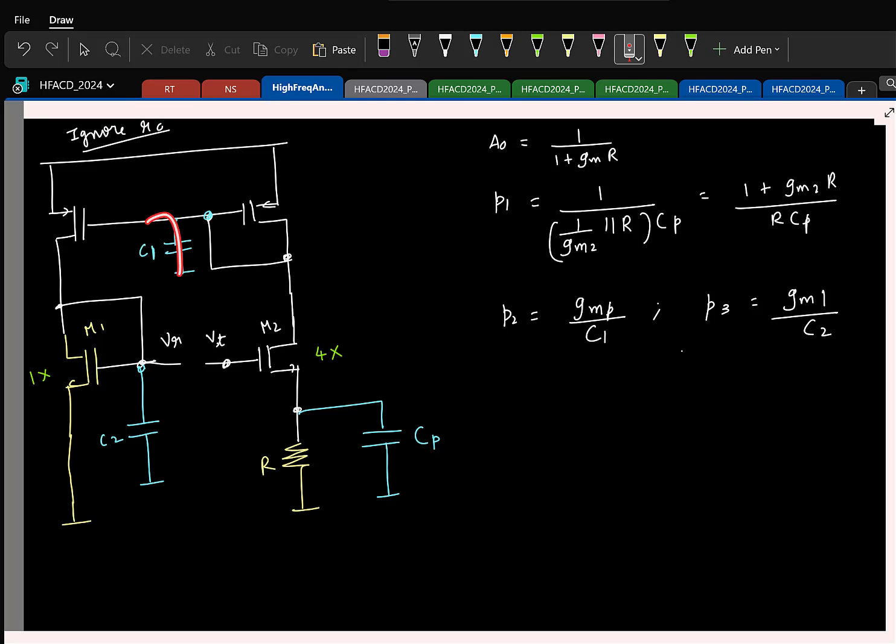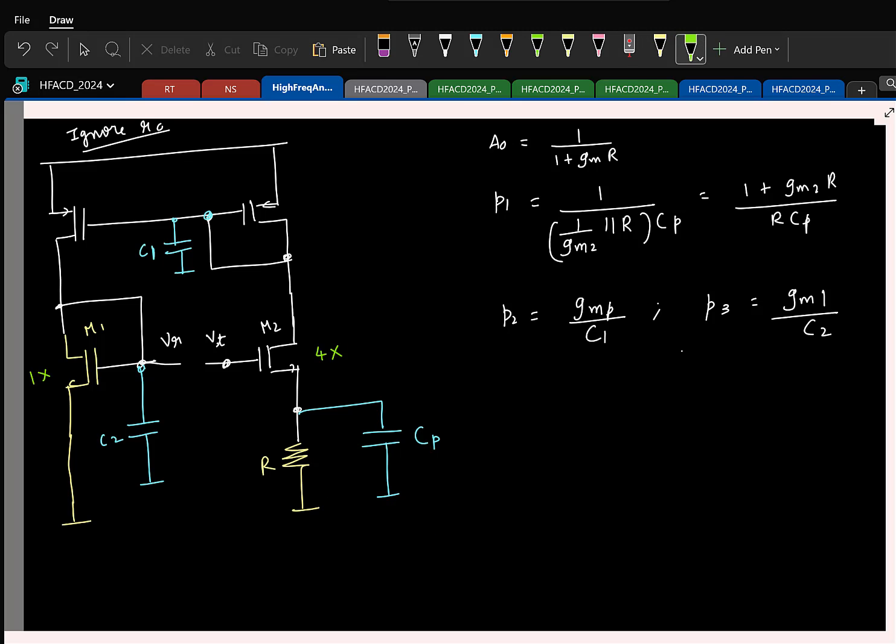If I short the gate, incrementally the gate is also ground, the source is also ground. Current is 0. So these two capacitors cannot be shorted. What about this cap? I can still short it, I'll get some current here, right? So the zero will be contributed by this guy, and you can quickly find it.